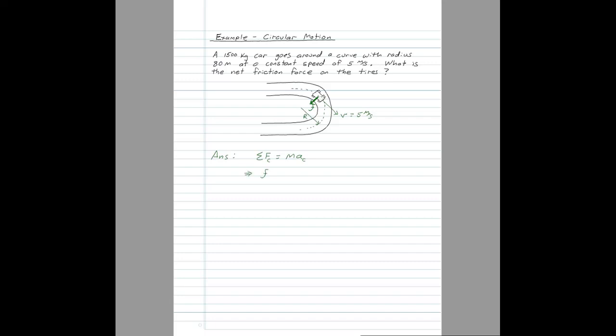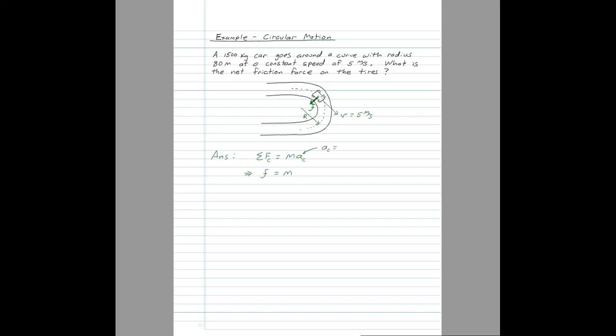So that's the left side of that equation, and then that's equal to the mass times the centripetal acceleration. And anytime we have centripetal acceleration, or the acceleration towards the center of the circle, we can replace that with one of two things.